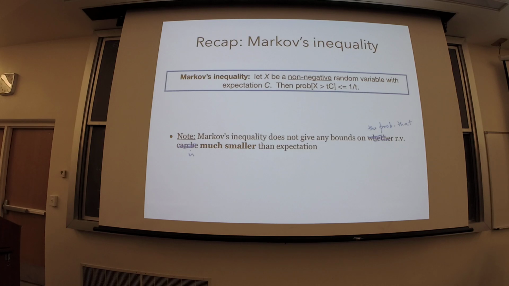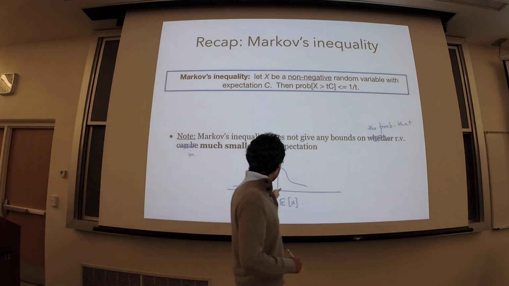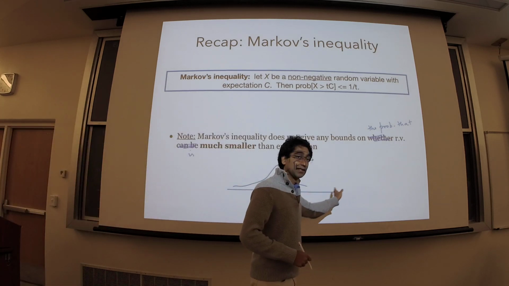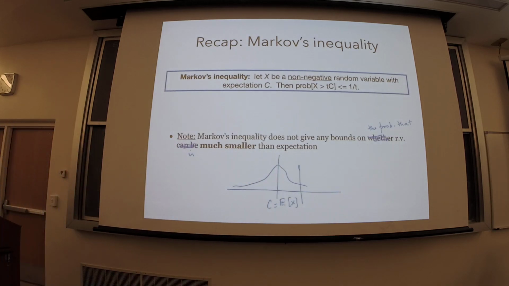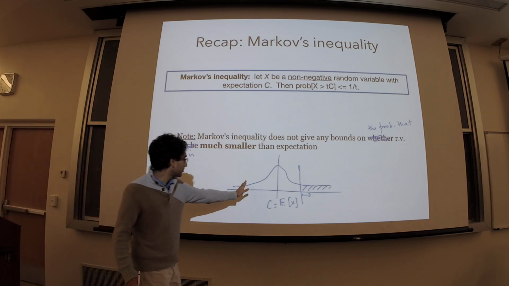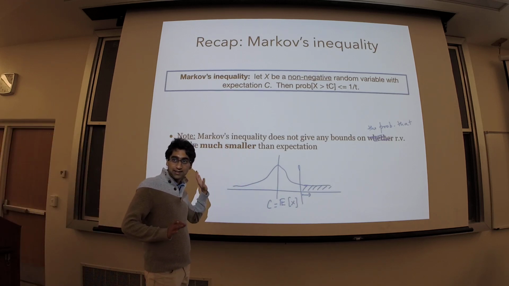So for instance, if you have a random variable whose distribution looks like this, and this is the expected value, let's say C. Markov's inequality only talks about the probability of it being much larger than this. It says things like the probability that you are beyond a certain value out here is small. It doesn't tell you that, for instance, the probability that you're here is small or anything like that.